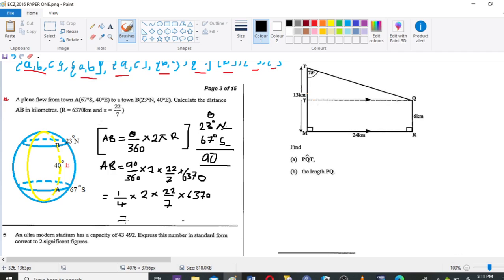When you simplify, you divide by 28 at the bottom, and you are going to get the answer to be 10,000. Let me just reduce this, so you should be able to get this answer.